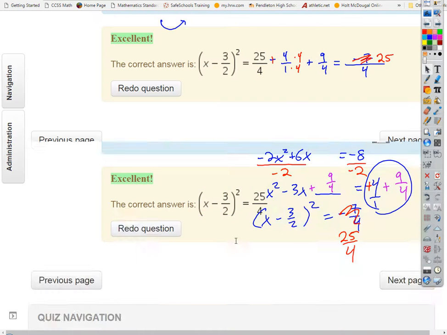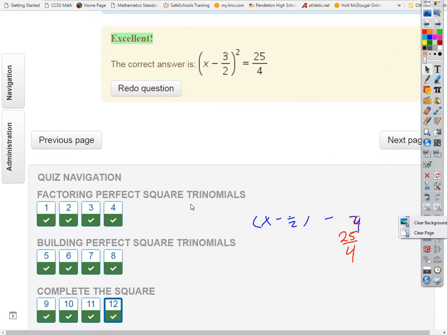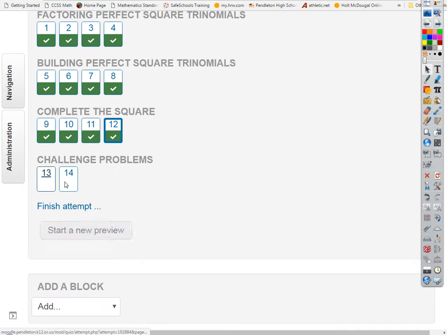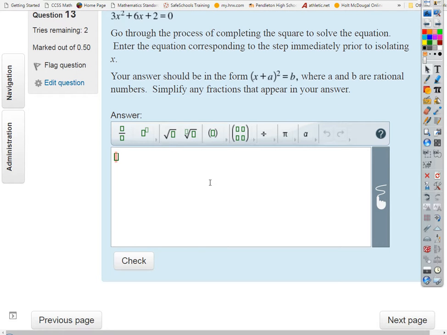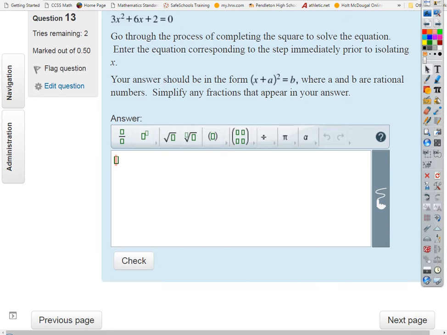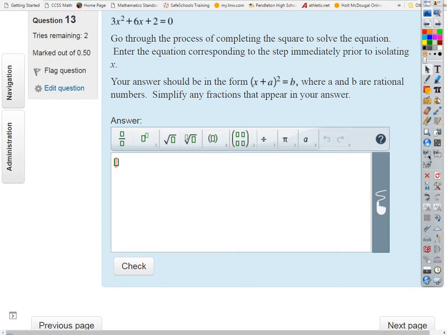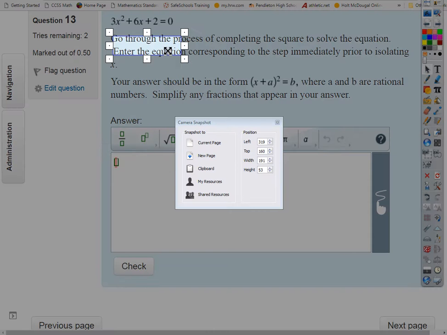There we go. Okay, so let's take a look real quick at these challenge problems. So one like this. Okay, so now this time, we'll go to the other page.